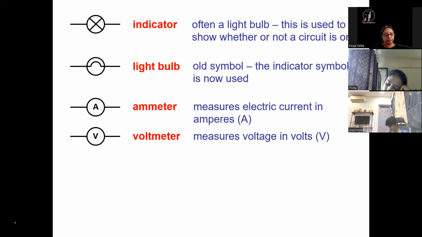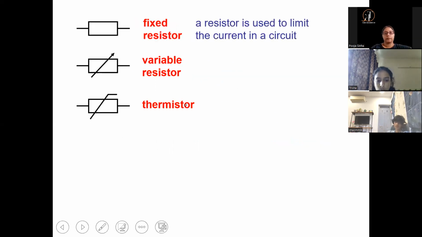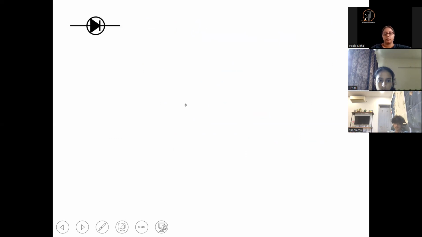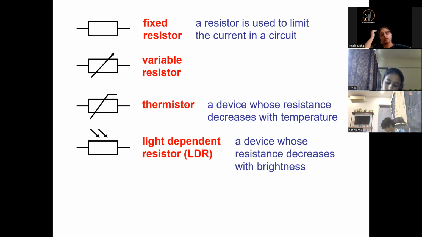Done? Fixed resistor, variable resistor, thermistor, LDR, light dependent resistor. Make sure you draw the symbols for all of these properly.